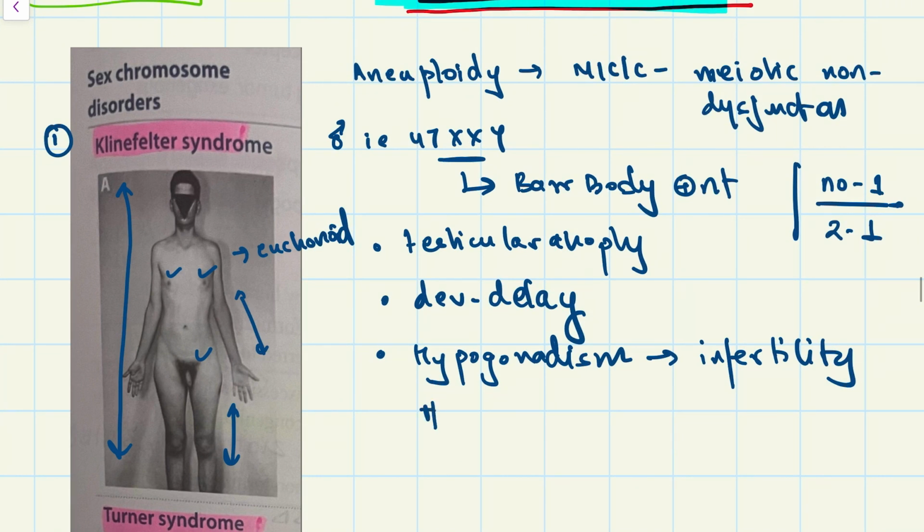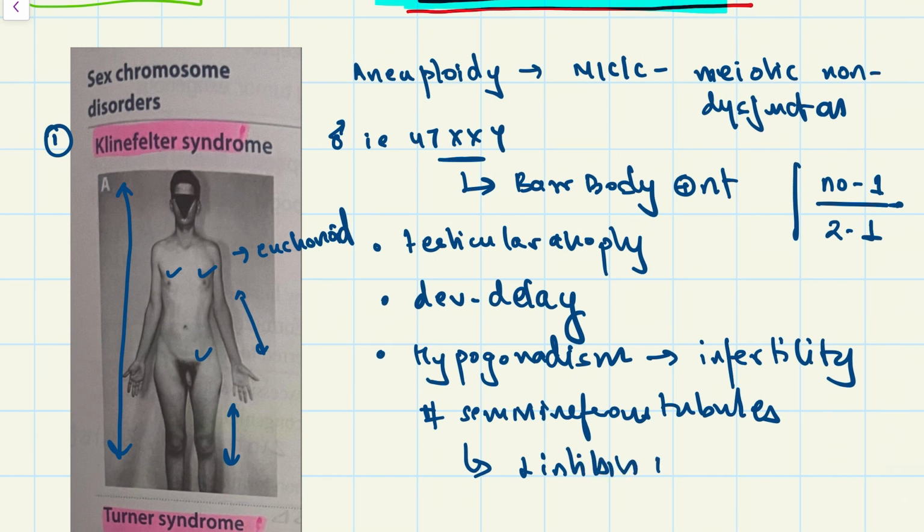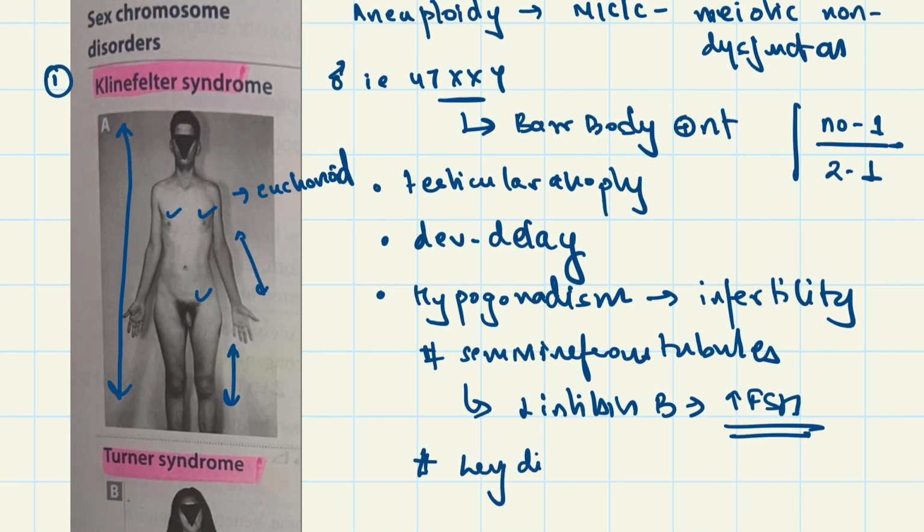Why this happens is that there is dysgenesis of the seminiferous tubules, right? This leads to a decrease in inhibin B, causing an increase in FSH. Also, the Leydig cells are abnormal, leading to decreased testosterone that leads to an increase in LH and subsequently an increase in estrogen.